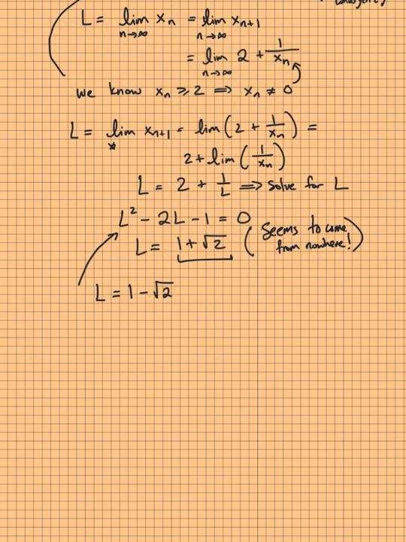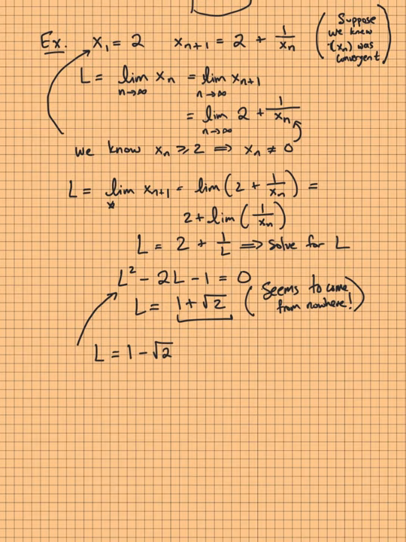That's another solution to this equation. How do we know which one is correct? Well, in this case, you can show that it has to be this limit because the xn's are always positive. So this one has to be the correct limit.